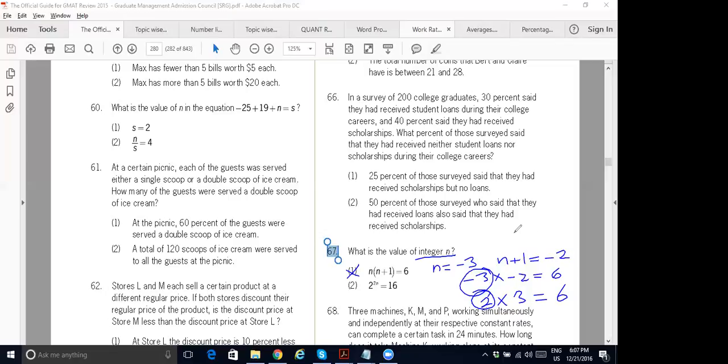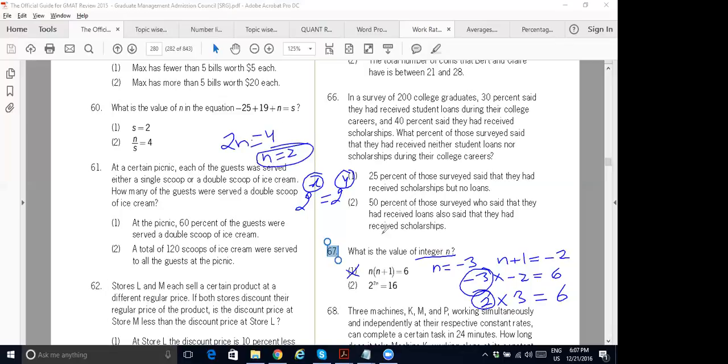What about statement 2? I'm getting n is equal to 2, but maybe there's another. Now, 2 to the x is 16. 16 is 2 to the 4. We have to simply equate these two. So x is equal to 4, that is 2n is equal to 4, or n is equal to 2.